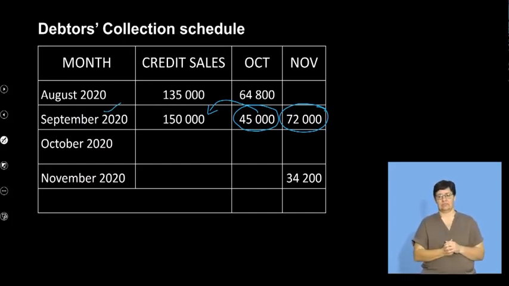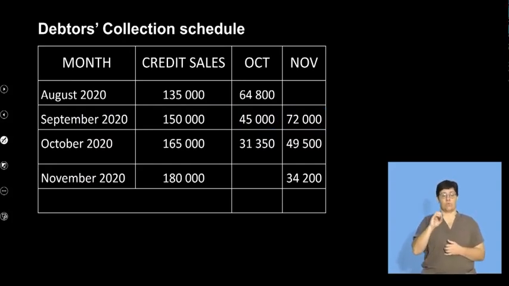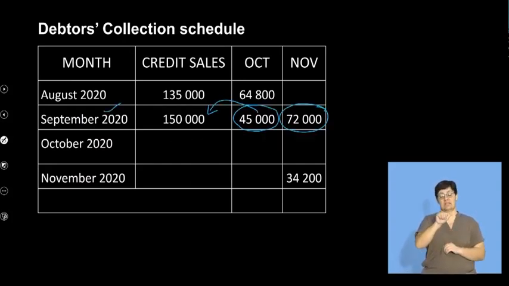Now we go on and we work with October, where the October sale was 165,000 Rand. So there we have it, 165,000 Rand for October.